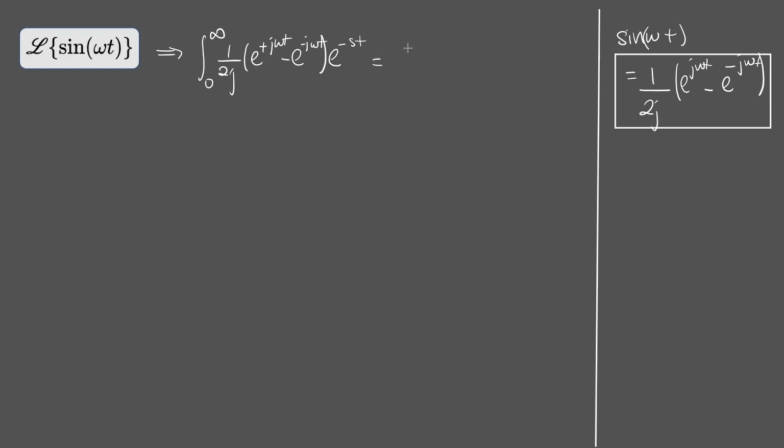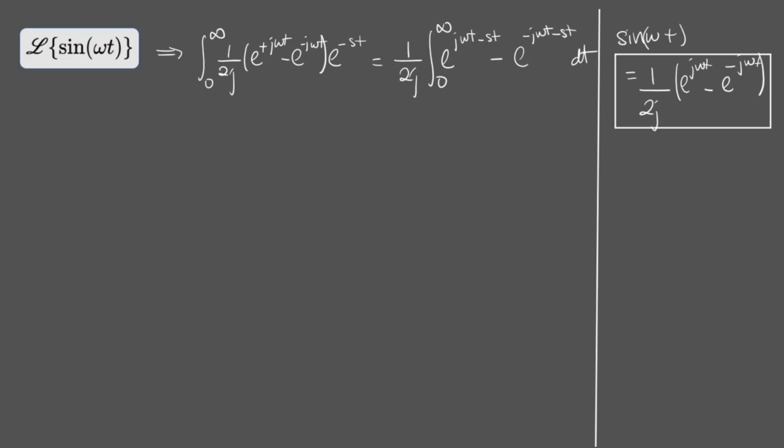Boom. 1 over 2j, let's bring out the constant. 1 over 2j from 0 to infinity. We're going to add the exponents: e to the j omega t minus st minus e to the minus j omega t minus st, all with respect to time.